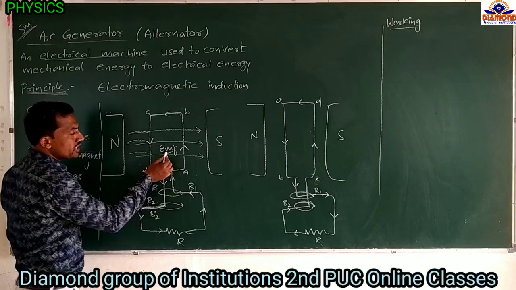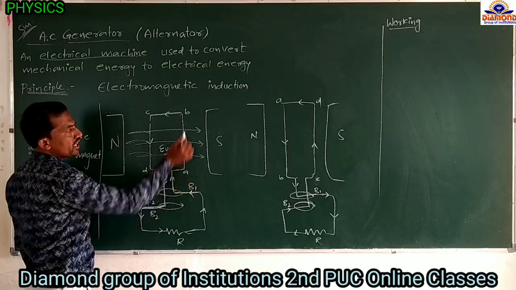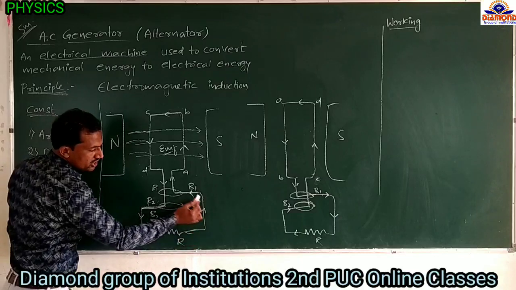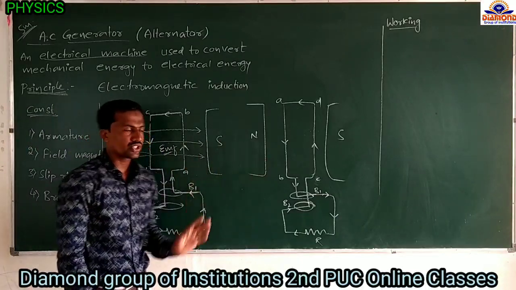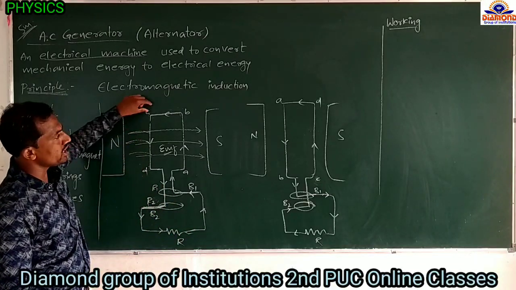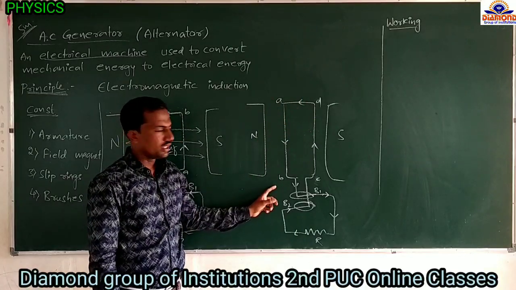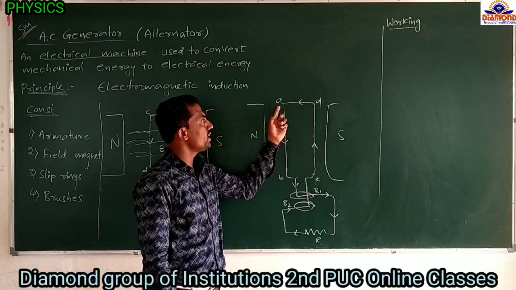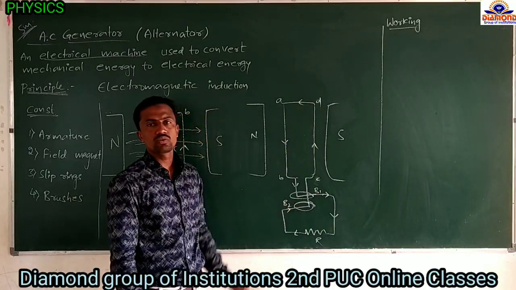Then current flows in the internal circuit, its direction is A, B, C, D, and in the external circuit its direction is B2 to B1. After half rotation, DC comes above and AD goes down. Then the direction of current is C, D, A, B. External circuit direction is B1 to B2.